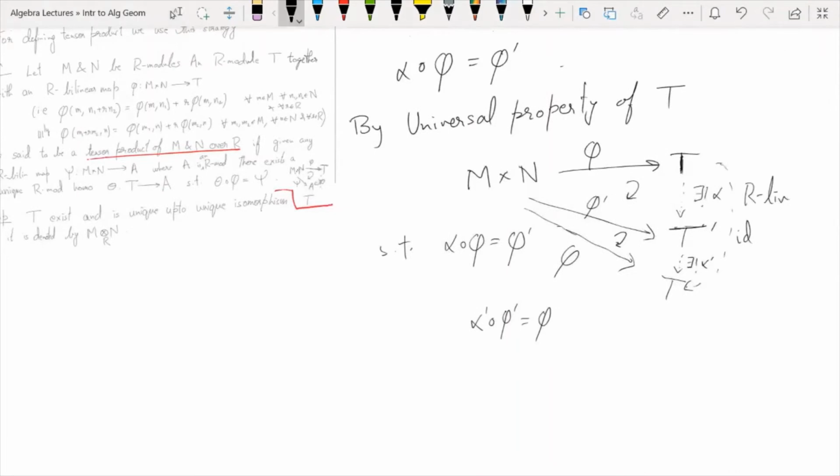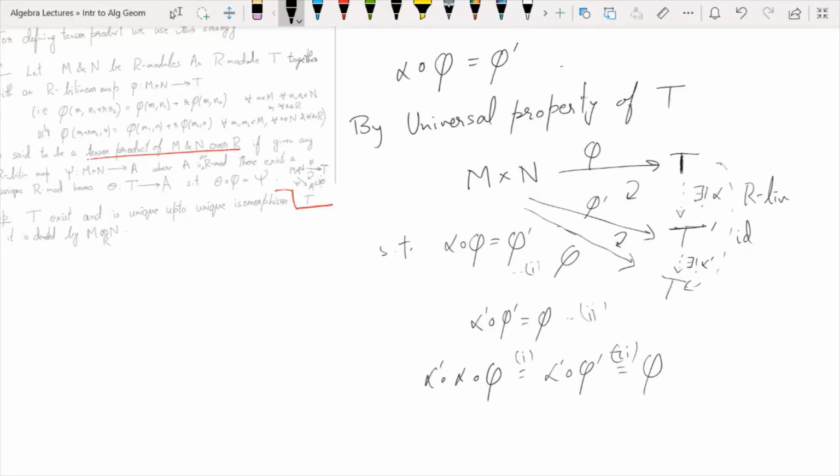If you consider alpha followed by alpha prime and compose with phi, so phi followed by alpha prime, this is the same as, let's call this 1 and this 2, alpha prime composed phi prime by 1, and alpha prime composed phi prime is the same as phi by 2.